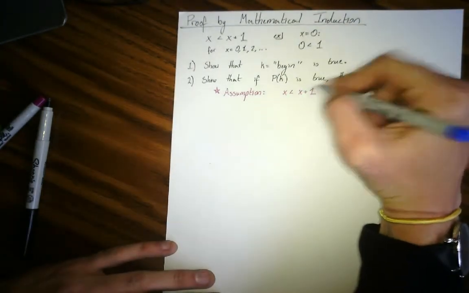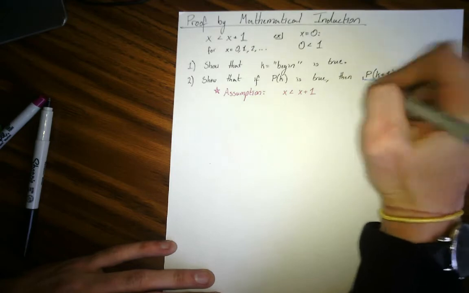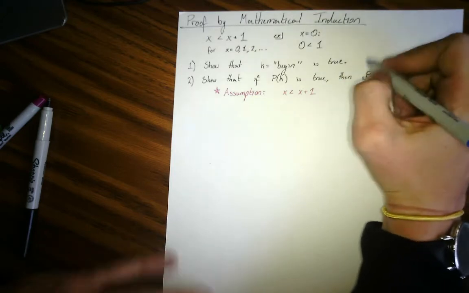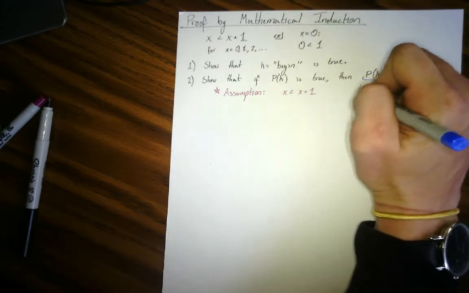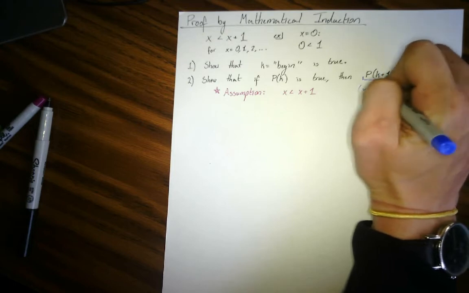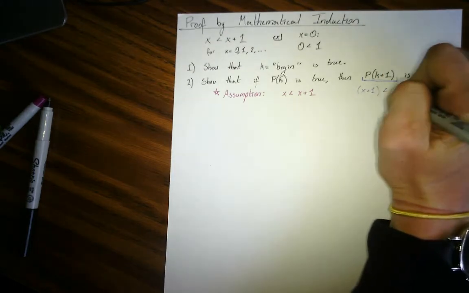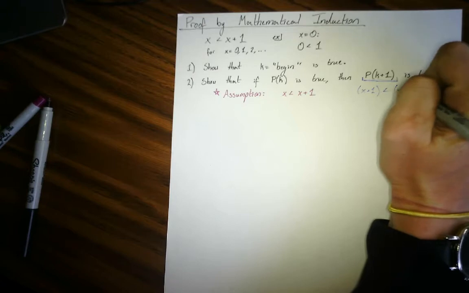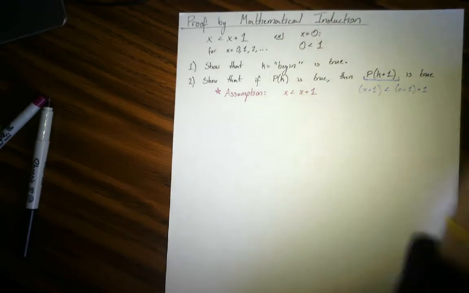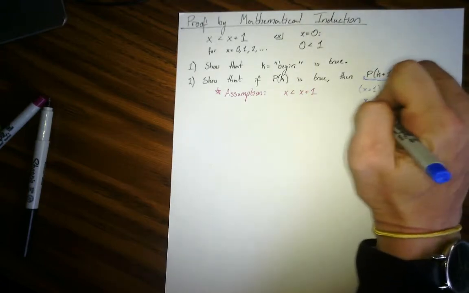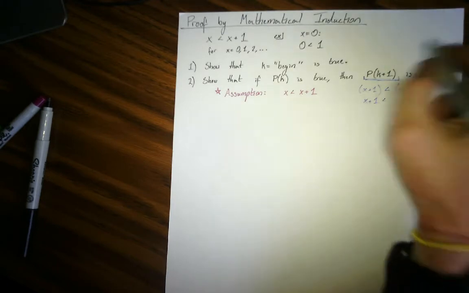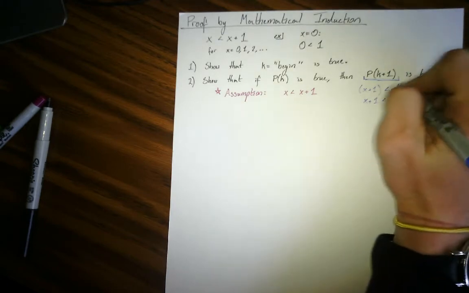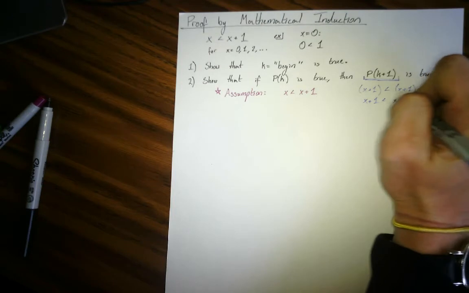So we plug in an x plus 1 for every time we have x, and we get that x plus 1 is less than x plus 1 plus 1. If we simplify both sides, we have our assumption right here.